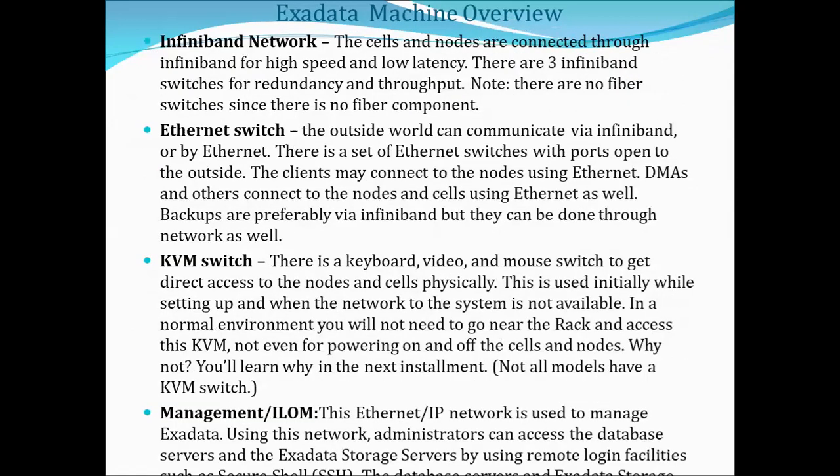InfiniBand network: cell and node are connected through InfiniBand for high speed and low latency. There are three InfiniBand switches for redundancy and throughput. Note there is no fiber switch since there is no fiber component.